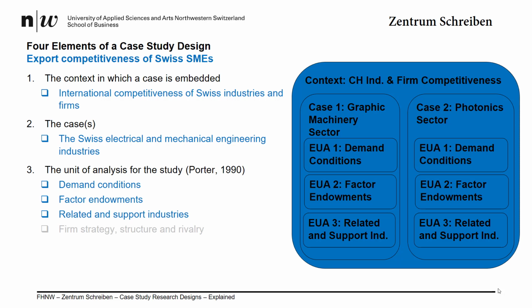If we have, for example, a strong theoretical foundation, such as Porter's diamond theory of the international competitiveness of an industry, we might choose to have what we call embedded units of analysis.